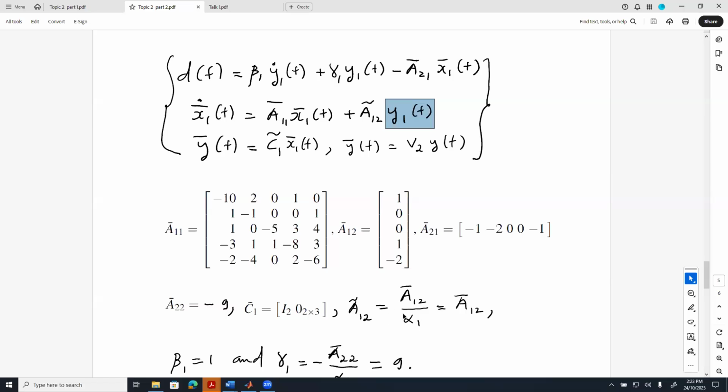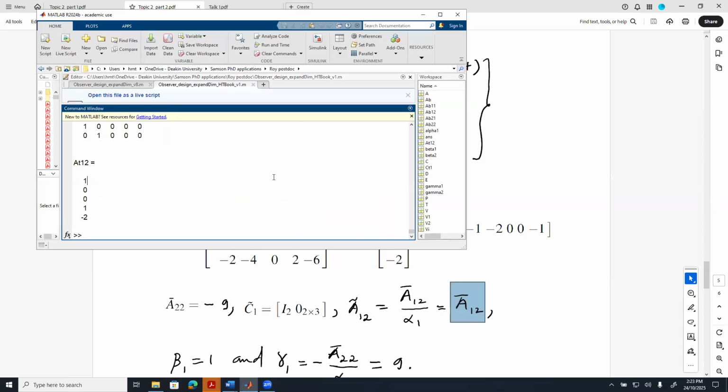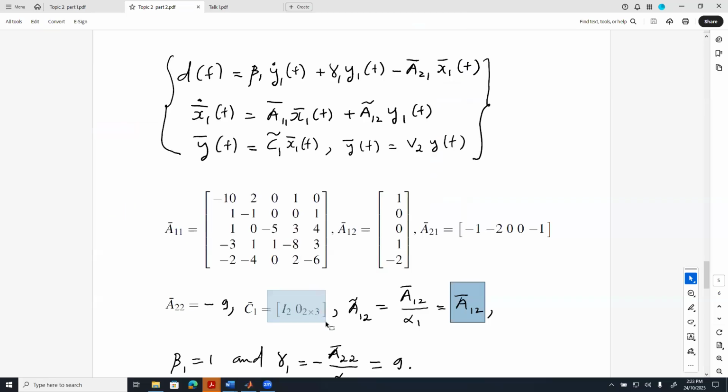Okay, and because alpha 1 is 1, this matrix here is in fact the submatrix A bar 1, 2. So A bar 1, 2 is the same as I tilde 1, 2. And the output matrix for the reduced order system, C tilde 1, is again in the canonical form, but of a reduced dimension.